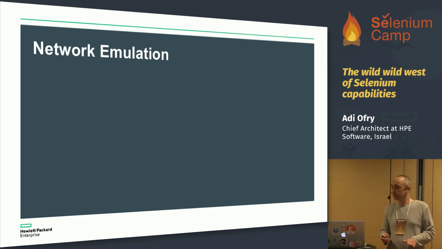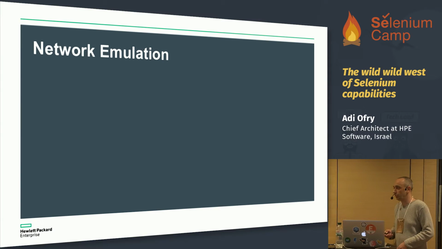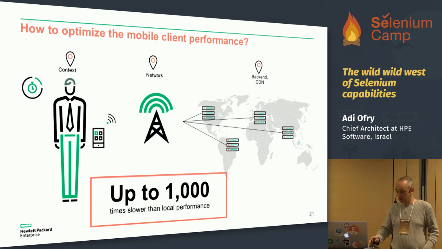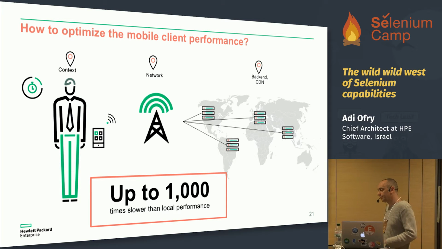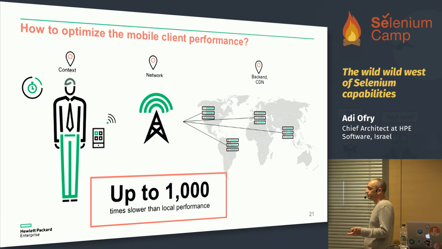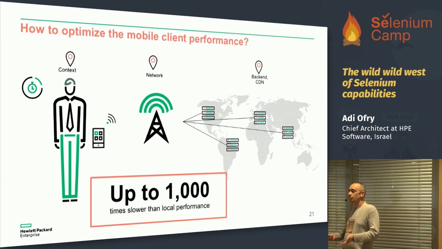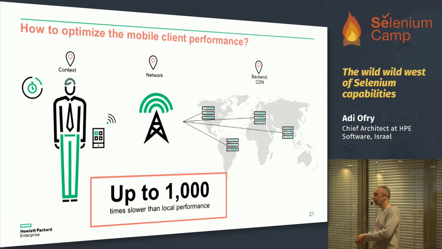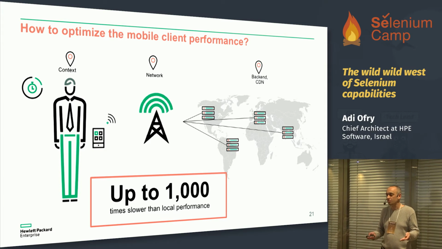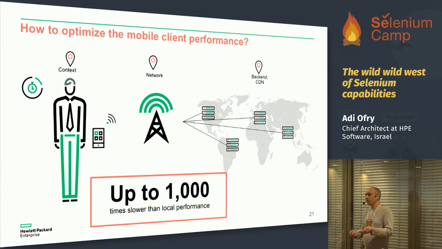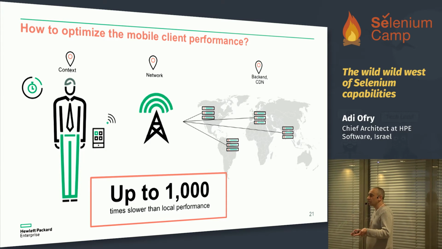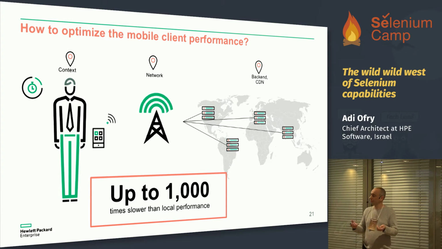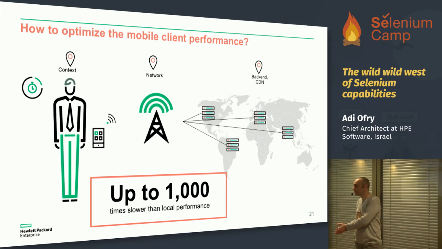Okay, let's talk about network emulation and what it is good for. In browser space and desktop space, this is easy. You have a desktop or a computer in the lab that is connected to a LAN or a good Wi-Fi. That's not the case of your users. And you are doing functional testing, but the world is different. People are using your Uber application on the road.